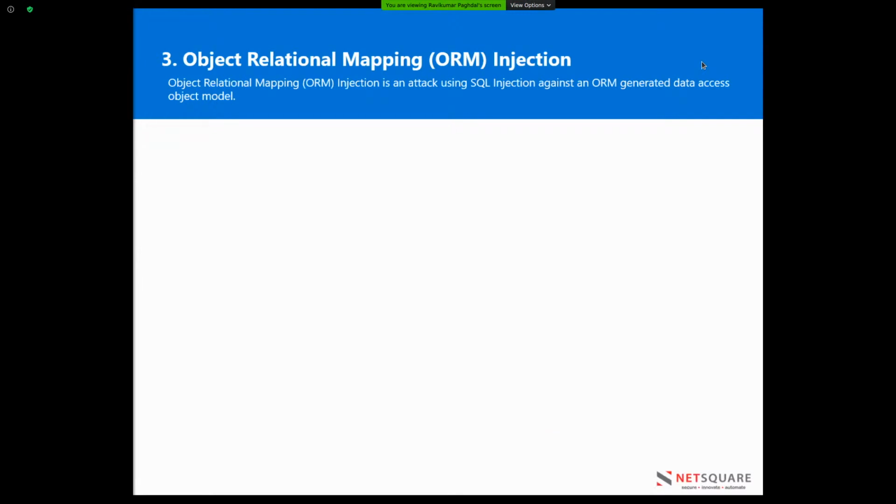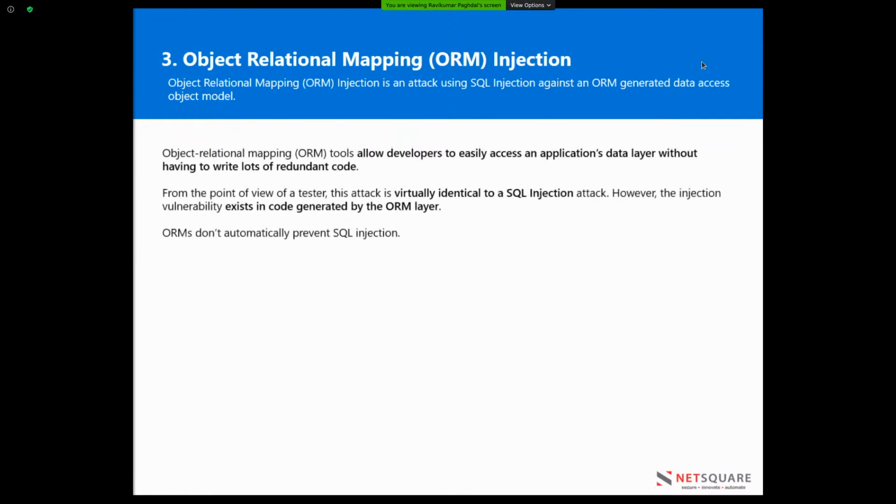So let's understand what an ORM is. ORM tools allow developers to easily access an application's data layer without having to write lots of redundant code. From the point of view of a tester, the attack is virtually identical to SQL injection. However, the injection vulnerability exists in the code generated by the ORM.